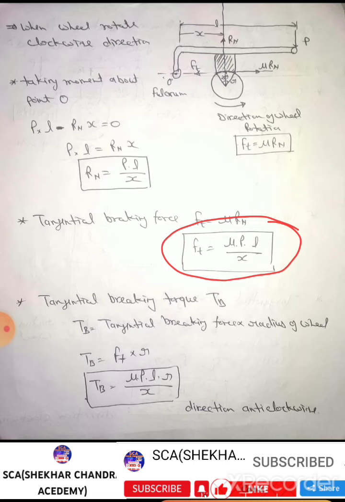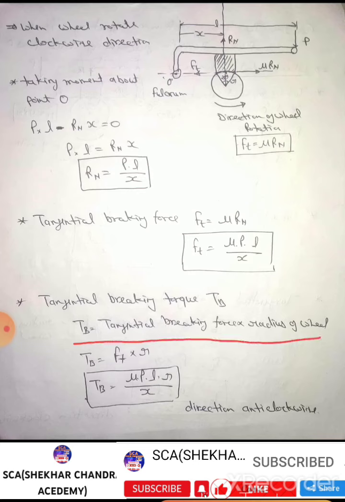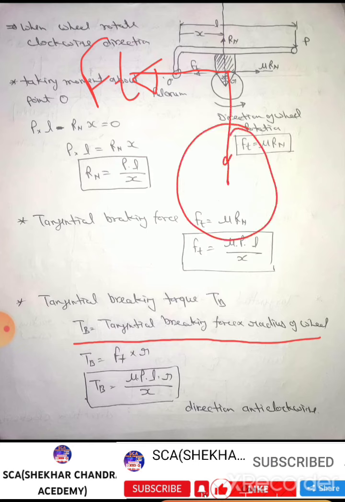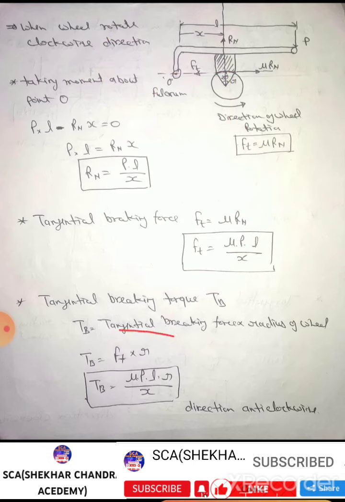Now here tangential braking torque Tb. Tb is tangential braking force into radius of wheel R. Tb is Ft into R. The value of Ft from here is put into the equation here.